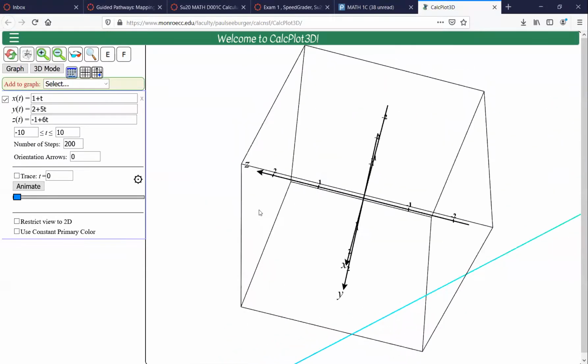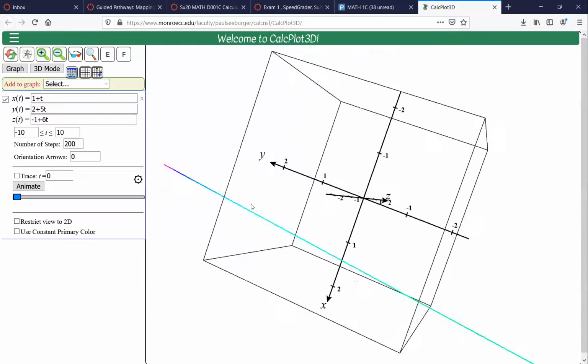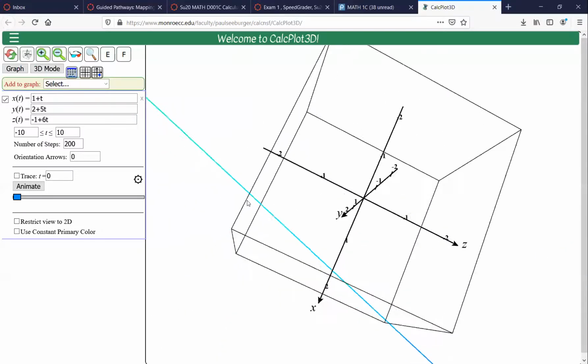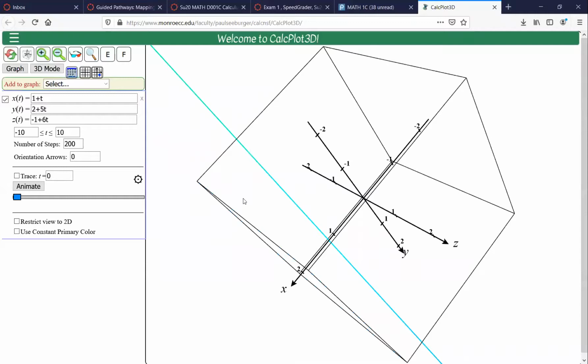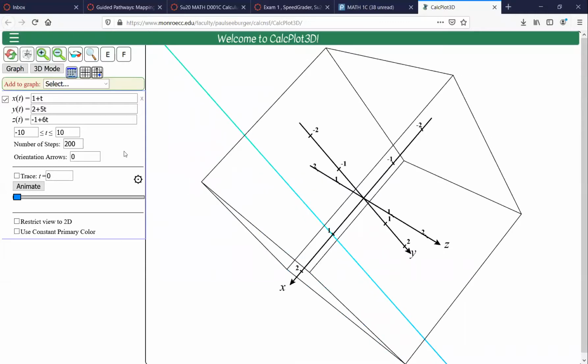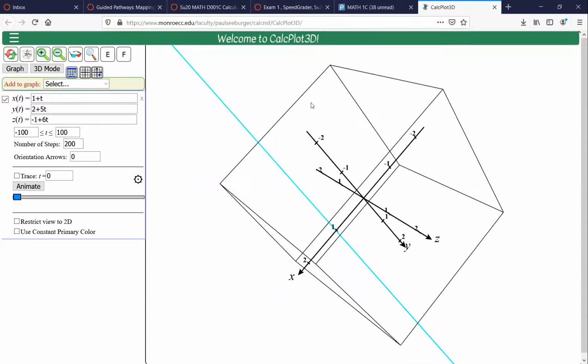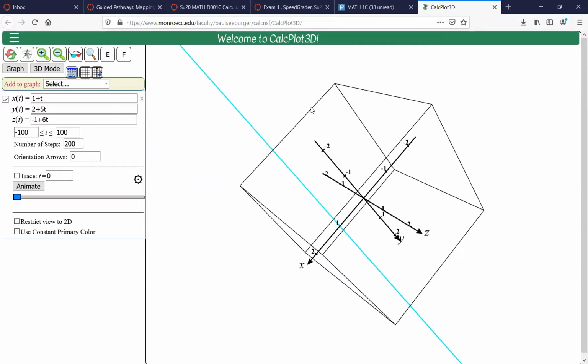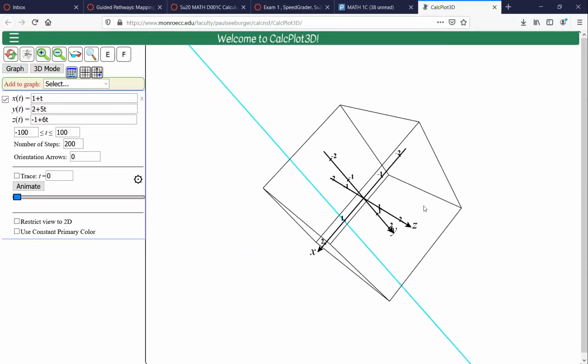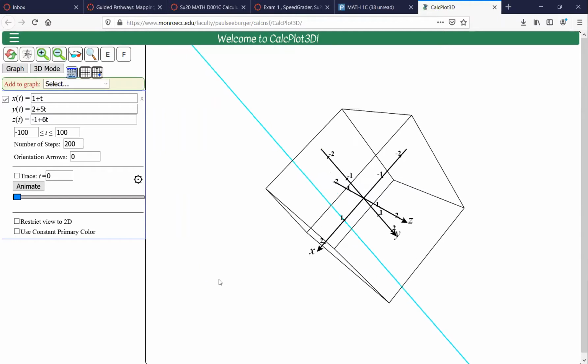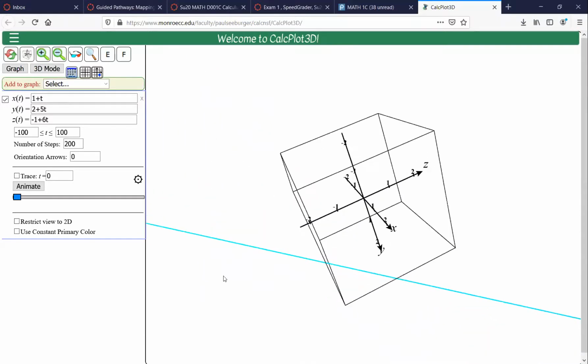As you can see, the space curve is just a line. Of course, this line continues both sides. So if I just write negative 100, positive 100, it's going to continue. You can just minimize this, and you can see this is just going toward left and right hand side.